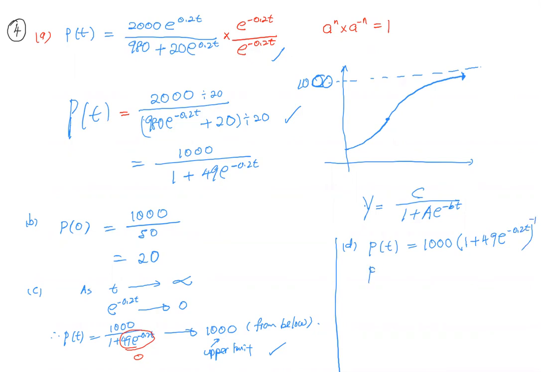So you use the chain rule and get the answer. So negative 1,000, copy down the whole thing, then power, take away 1, then multiply by 49 e to the power negative 0.2t times negative 0.2. So there are a lot of steps. So learn how to differentiate this function.